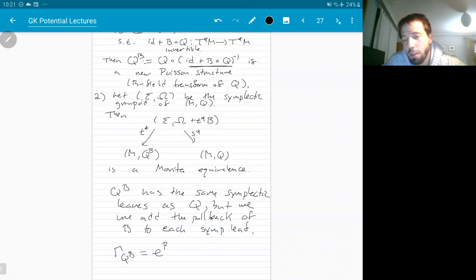B is closed, so it's an automorphism. This gives you another Dirac structure, and if B is small, then the new Dirac structure is also Poisson. Okay, thanks.